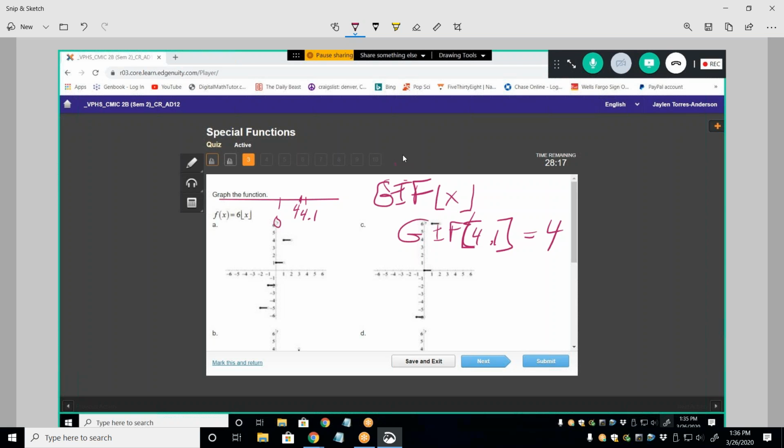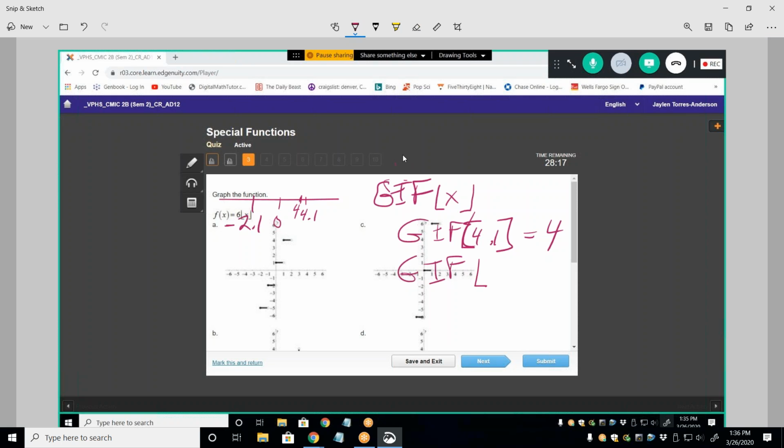On least integer function, you go to the right. That's one. Okay, so if we had negative 2.1, then the greatest integer function of, excuse me, there's different mathematical notation for this.